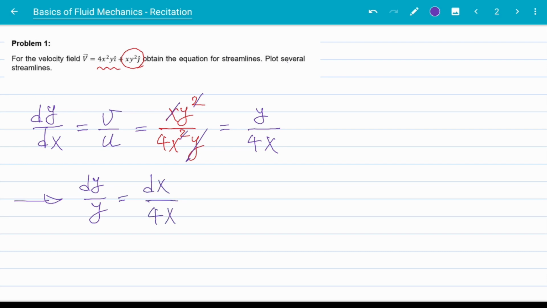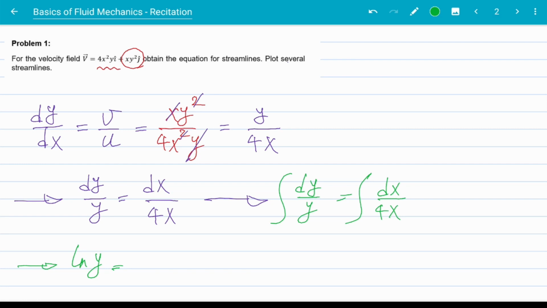Now I'm ready to make the integral. Integral dy over y is equal to the integral of dx over 4x. The left-hand side of this integral is natural log of y. The right-hand side of this equation is 1/4 natural log of x plus an integral constant c.